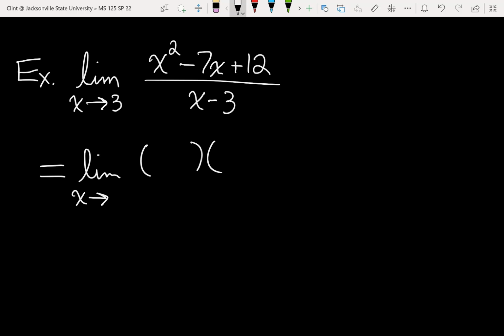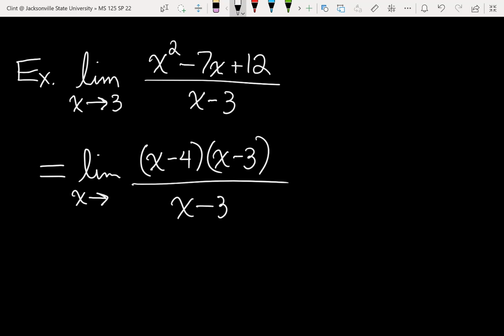How does the top factor? We need factors of 12 that add together and give us negative 7: negative 4, and negative 3, yeah. Okay.